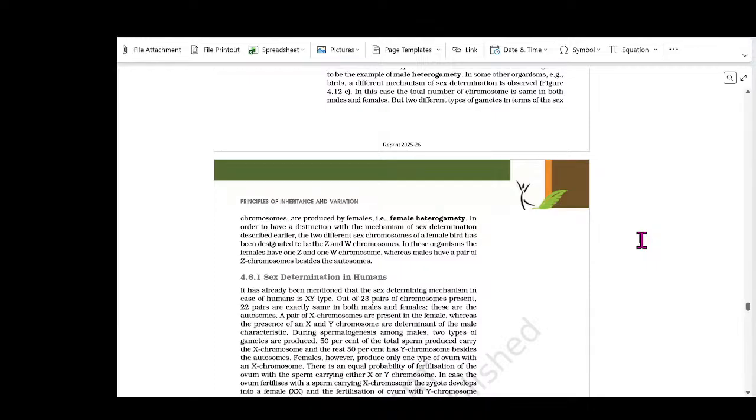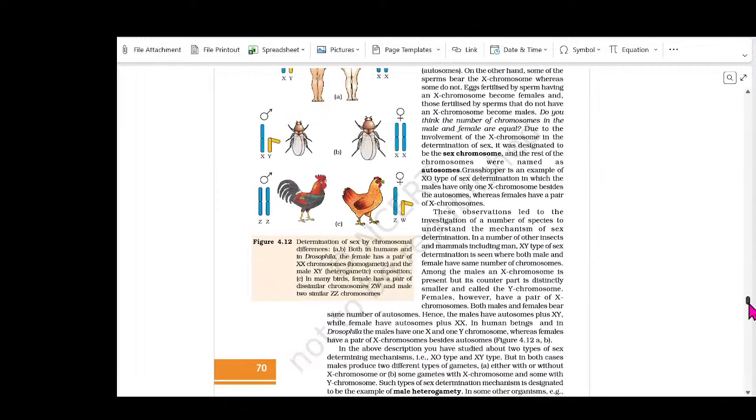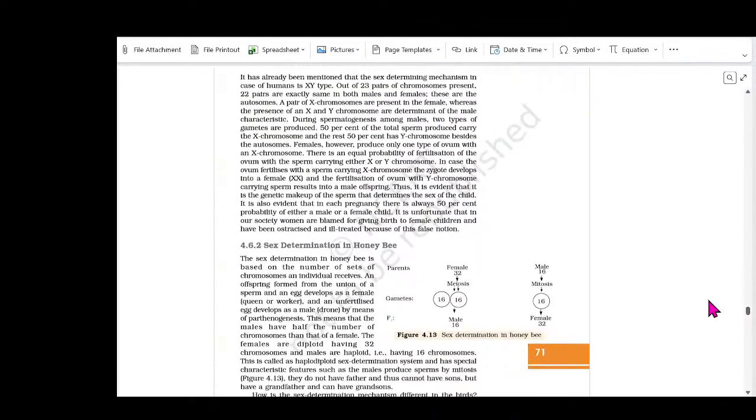So the next topic is 4.6.1, sex determination in humans. It has already been mentioned that the sex determining mechanism in case of humans is XY type. Out of 23 pairs of chromosomes present, 22 pairs are exactly the same in both males and females.